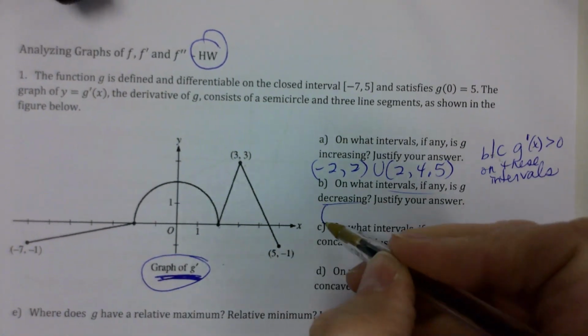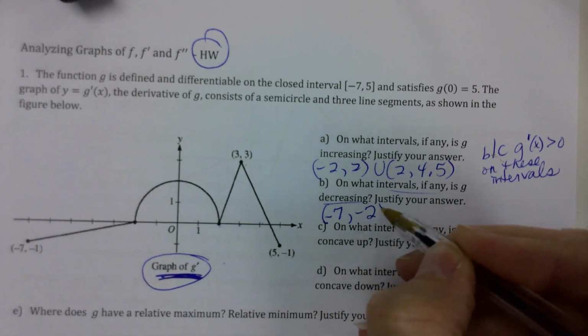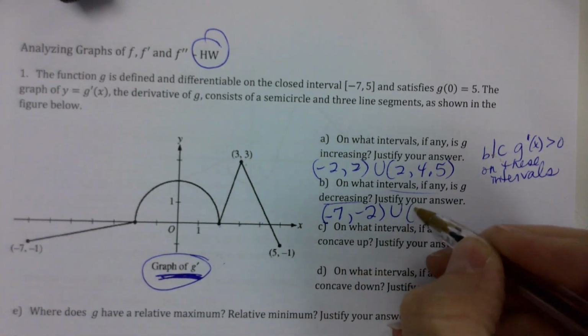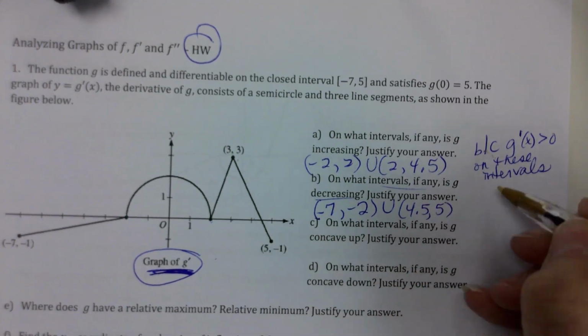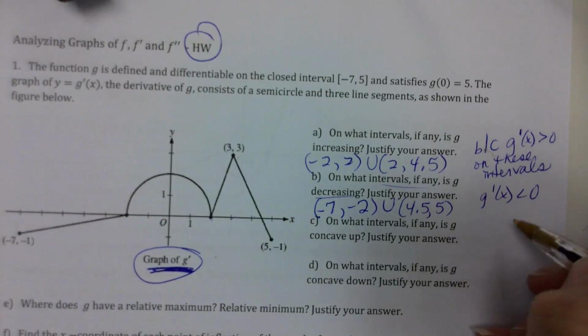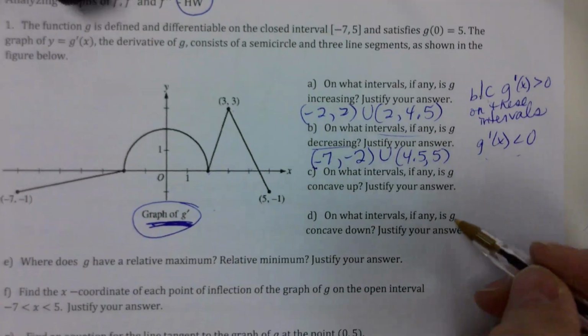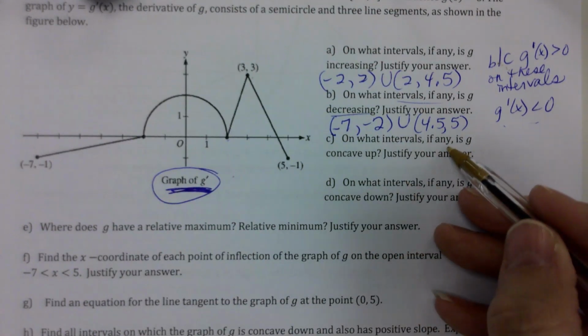So what would that be? -7, 2, and because G prime is less than 0. I'm not writing it all out. Y'all can do that.